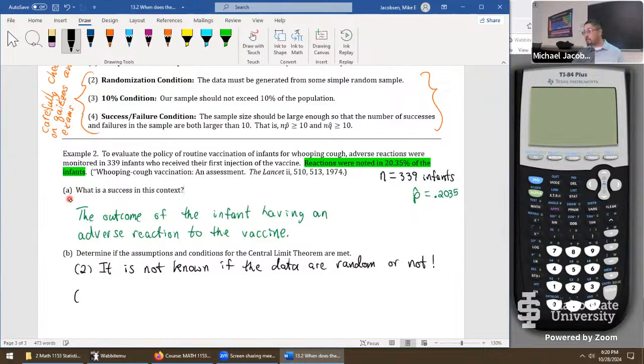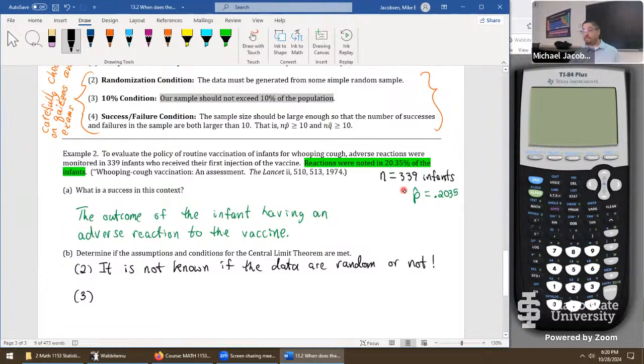So condition 3, we have a pretty large sample, 339 infants. But if our sample exceeds 10% of the population size, the central limit theorem will suffer again. I don't think that'd be the case, but here's what you want to write down on paper just to justify your response right here.